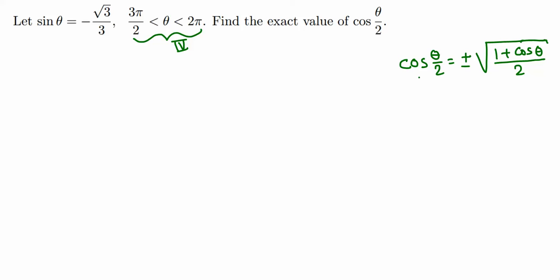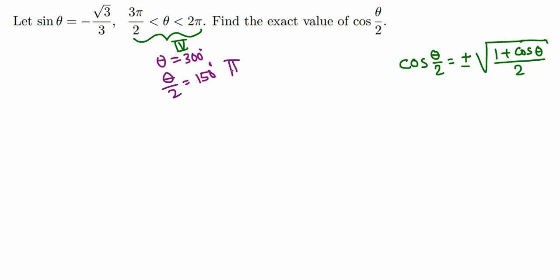Now find the exact value of cosine half angle, cosine theta over 2. And we know that the formula for cosine theta over 2 is equal to plus or minus root of (1 plus cosine theta) over 2. Now, plus or minus depends on where theta over 2 lies. In this case, theta is in between 270 and 360. If we assume theta to be, let's say, 300 degrees, that's inside, then theta over 2 will be half of 300, that's 150.